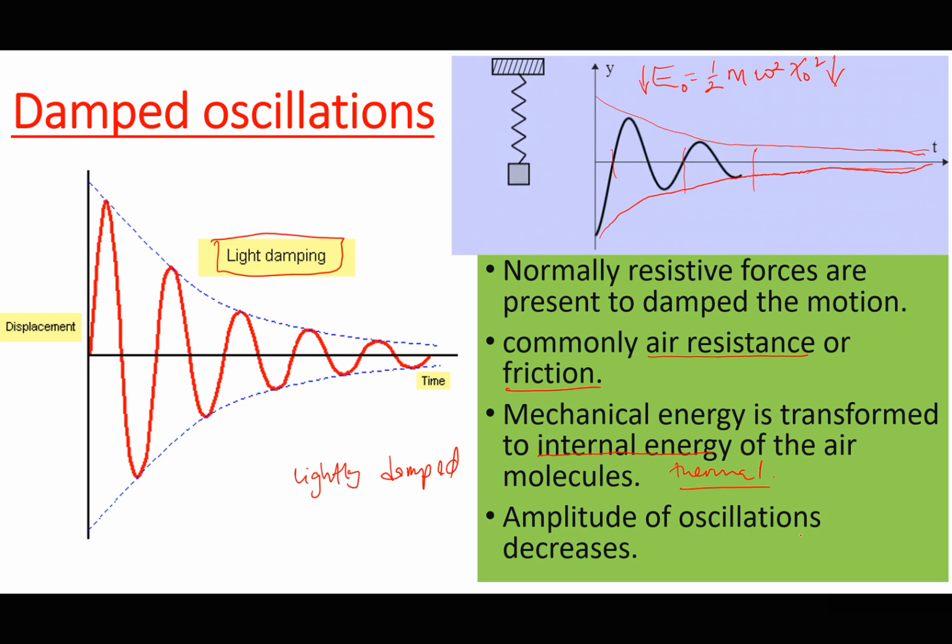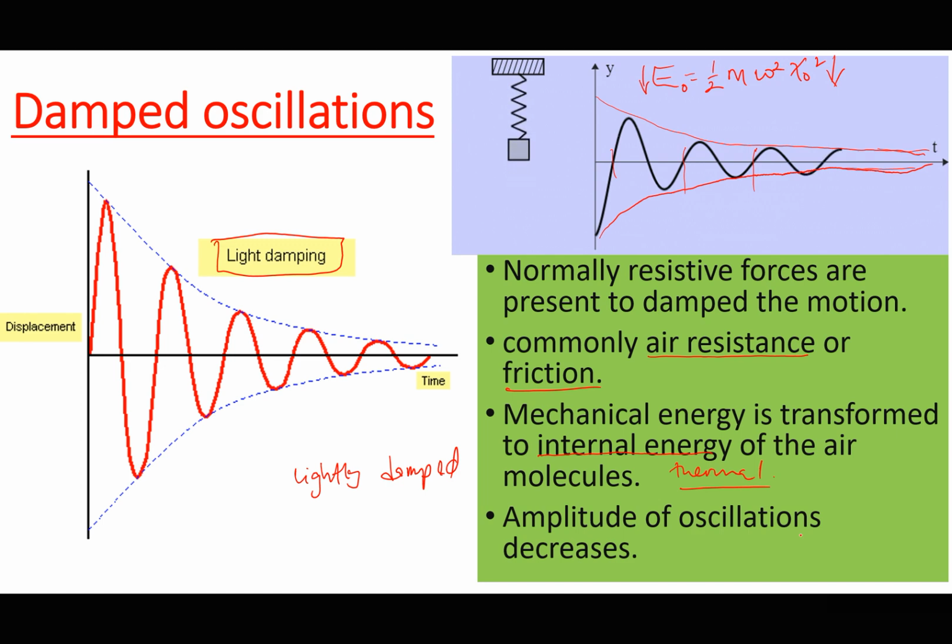So what is unique about light damping? Number one, for light damping the system continues oscillating, but with the amplitude decreasing gradually.